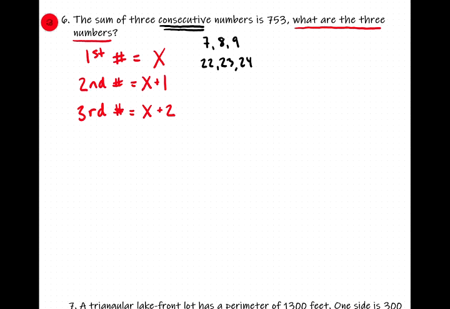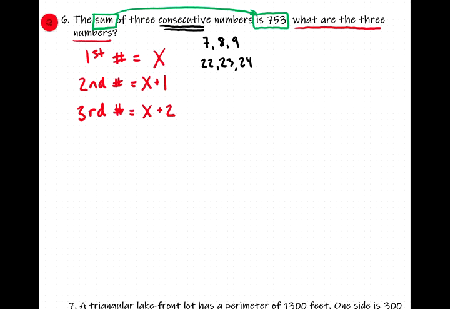And now, to create an equation, we know that the sum of those numbers is 753. S-U-M, sum means addition. So this is saying if you add up the three numbers, you get 753. And we've given each of those three numbers a symbol. X is the first, x plus 1 is the second, x plus 2 is the third.